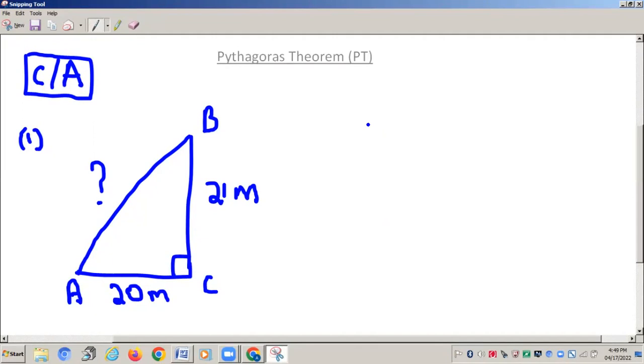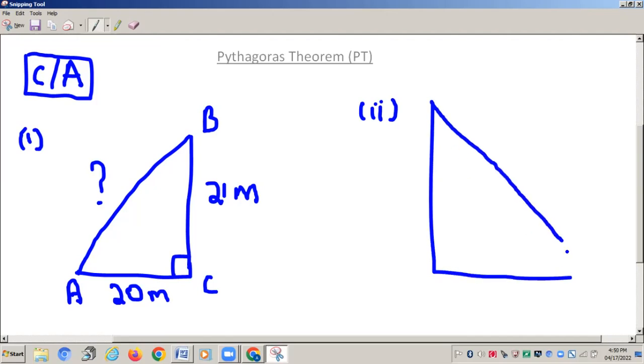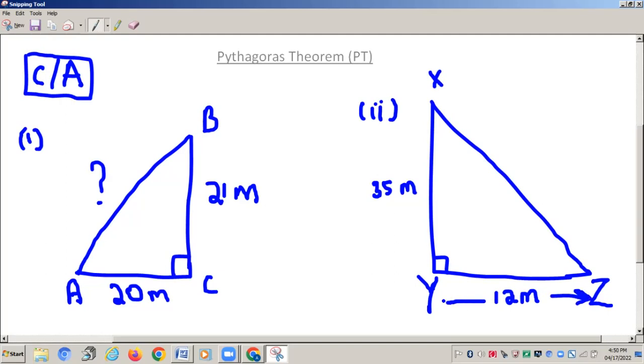The question mark means find that side. To make it easier, don't post 2 separate answers. Just do both of them and make one post.